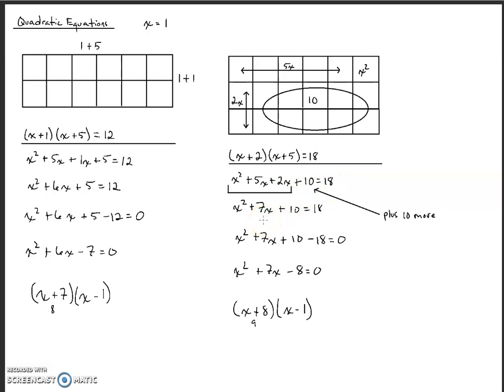So if we break this down into like terms, we have 5x, we have 2x, and then we got 10 more. And we have x squared. So if we combine that all together, we have the same scenario. Now in this case, we have 9, x minus 1 cancels itself, and we're off to the races.